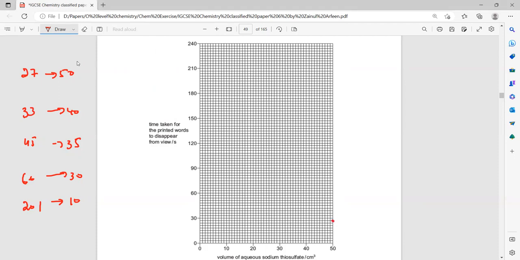Then we have 40 and 33, one box above 30. Then 35 and 45, going 33, 36, 39, 42, 45.